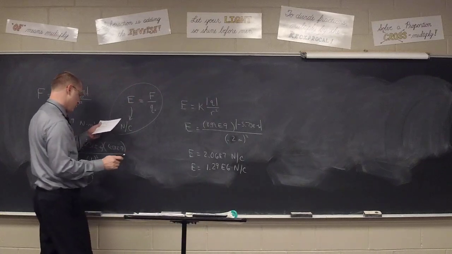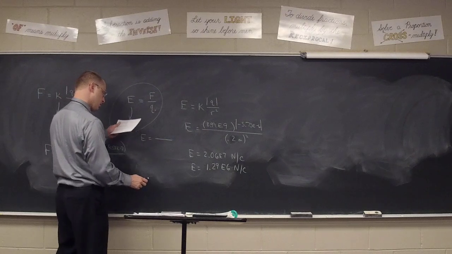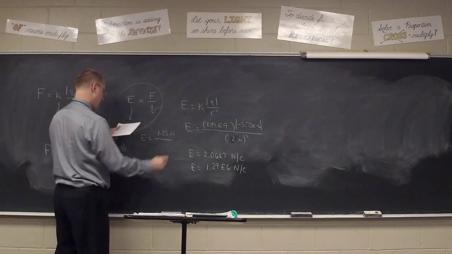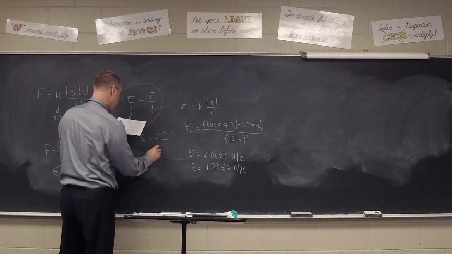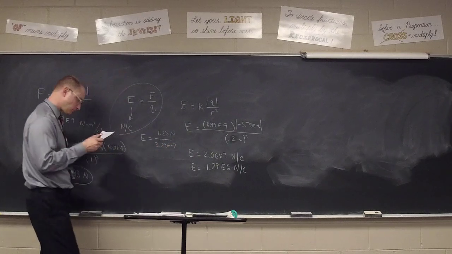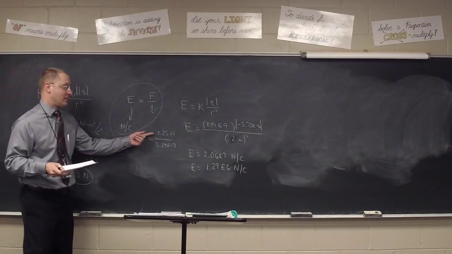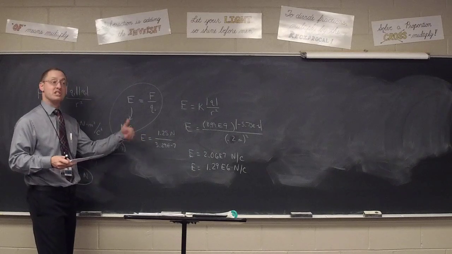To determine the electric field strength, we simply divide the force, 1.25 newtons, by the charge, 3.29 e-7. And it is attracted, by the way, so that force, class, is a positive force.